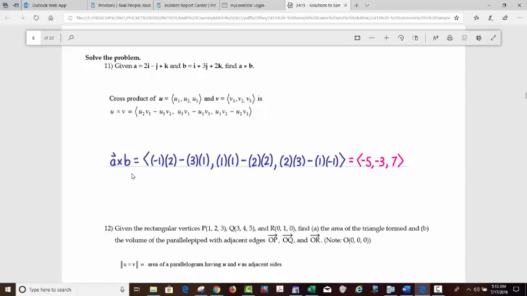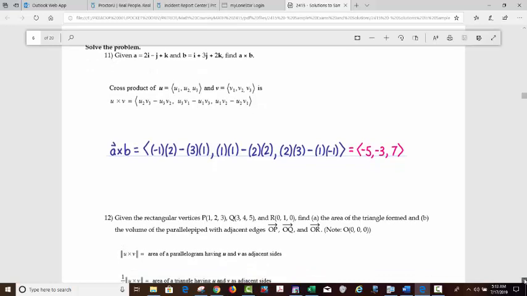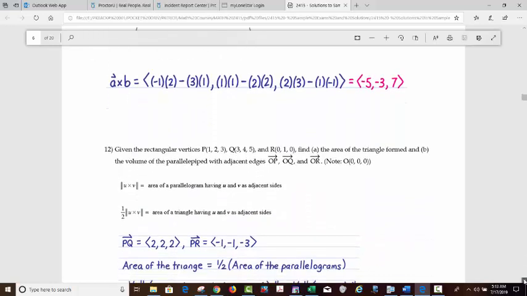It would still be orthogonal, but not the one they're asking for. So if you did B cross A, the dot product check would still yield 0, but it wouldn't be the right answer. But obviously, if at least one of the dot products does not yield 0, then you know it's wrong.